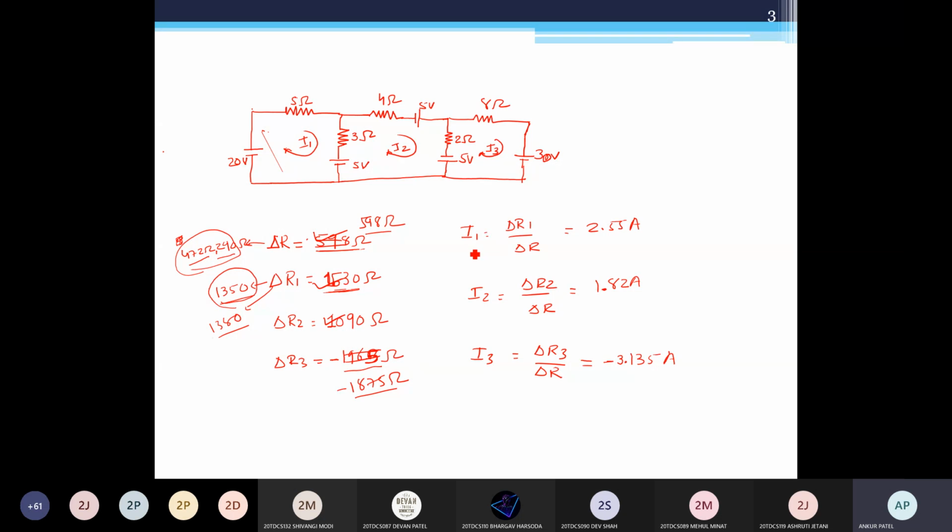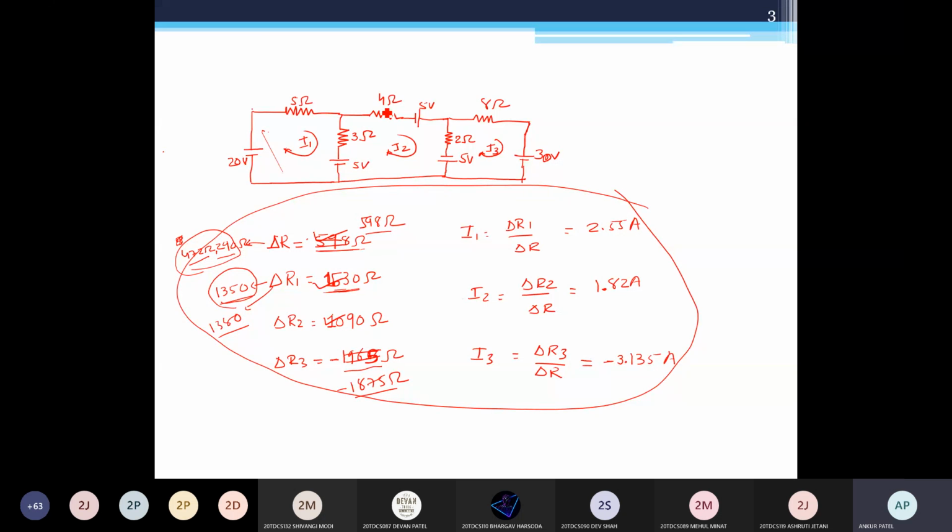So still anyone having difficulty for solving this mesh analysis? No, sir. First you have to get the correct equations. If your equation is wrong initially, then you will get the whole thing wrong.